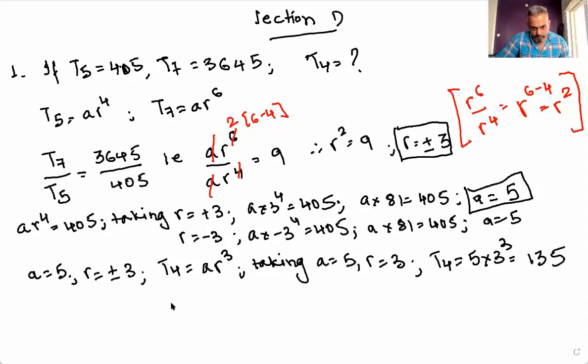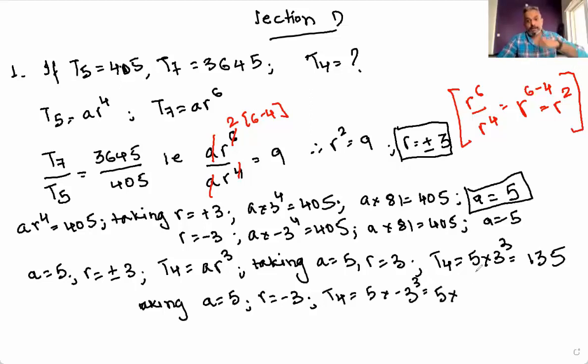Taking A is equal to 5, R is equal to minus 3, T4 is equal to 5 into minus 3 raised to 3, which is 5 into minus 3 into minus 3 into minus 3 is minus 27, which is equal to minus 135. Therefore, T4 is equal to plus or minus 135.